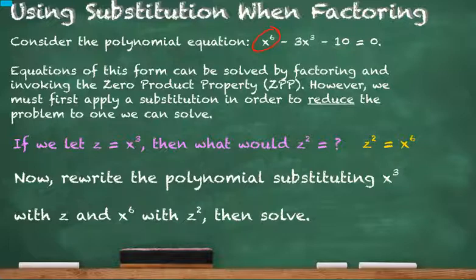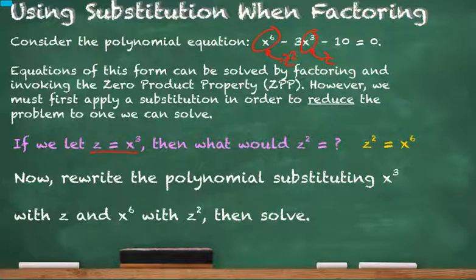Well, you'll notice here we say, what if we perform a substitution? What if we let x cubed be equal to z? If x cubed is equal to z, then z squared would be equal to x to the 6th. And we can replace x to the 6th with z squared, and we can replace x cubed with z.